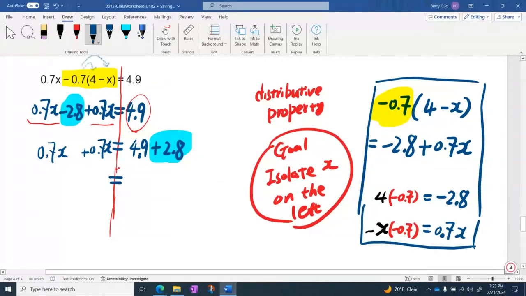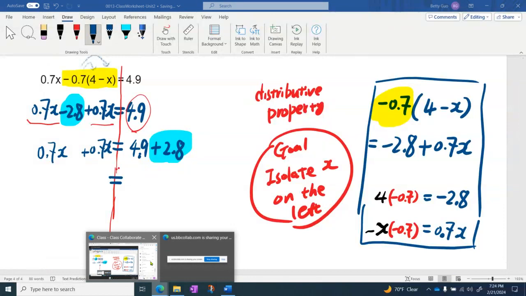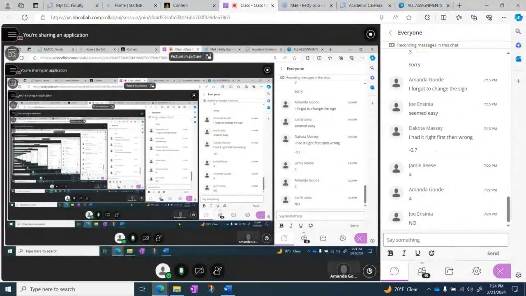Question, do we have a 0 on the left side? And what's the left side supposed to be after we simplify it? Yeah, you are right, it's not.